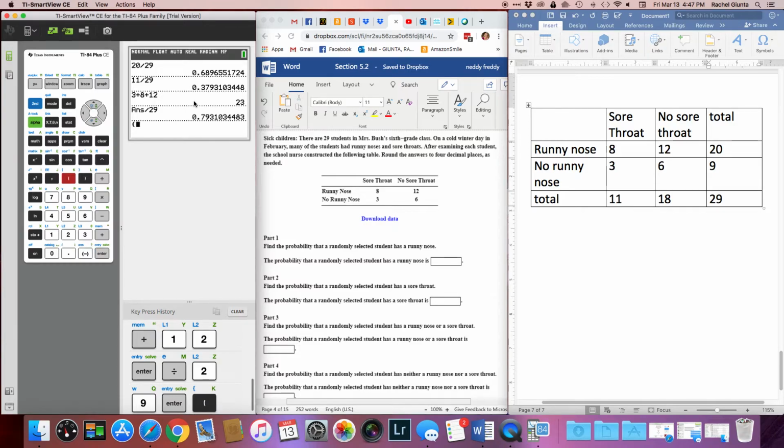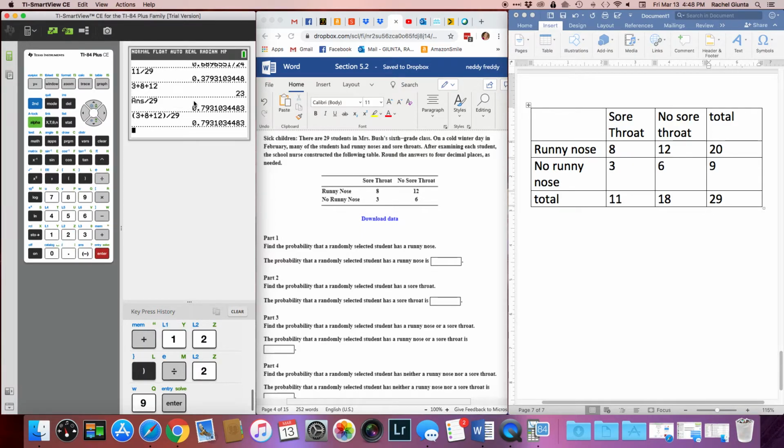So just to show you real quick here, another way you could do that is open parentheses 3 plus 8 plus 12, close parentheses, divided by 29, and you get the exact same answer. Whereas if you did 3 plus 8 plus 12 without parentheses and divided by 29, you get a completely different and wrong answer.